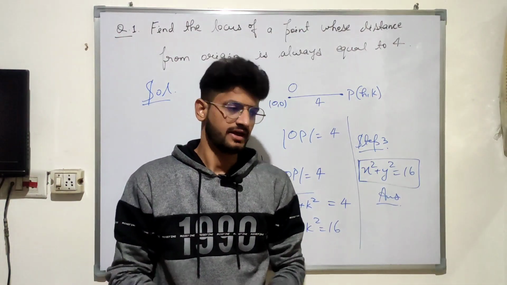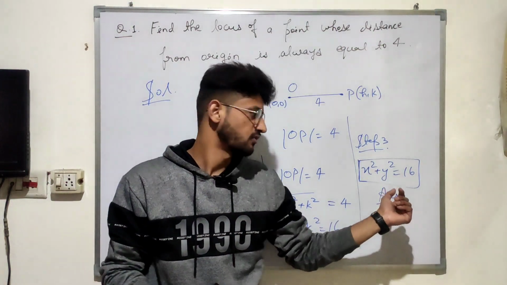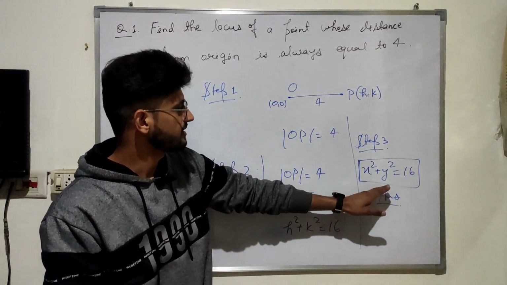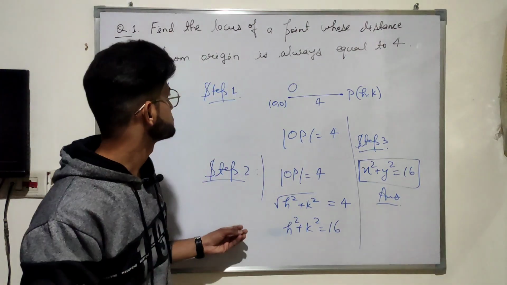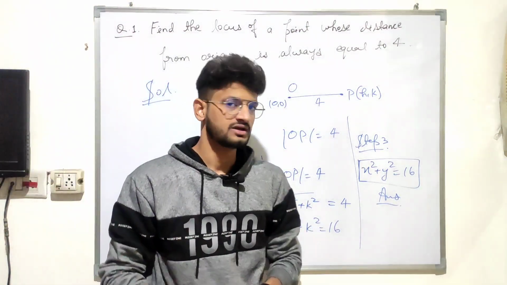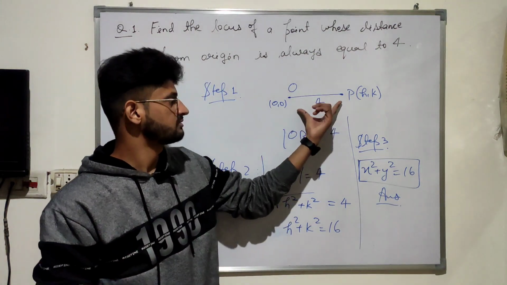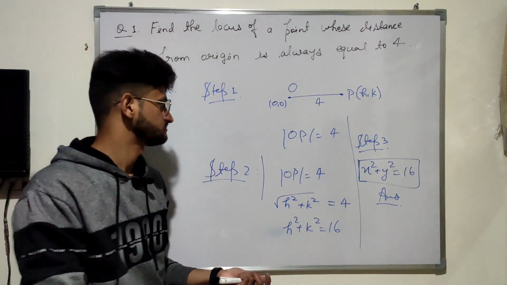In step number 3, we replace h with x and k with y in order to get the final equation for the required locus. So we got the final equation as x square plus y square is equal to 16. This is the answer for the first question. It is a very basic question, and it is required to understand the method with this question. Okay, let's start with the second question.